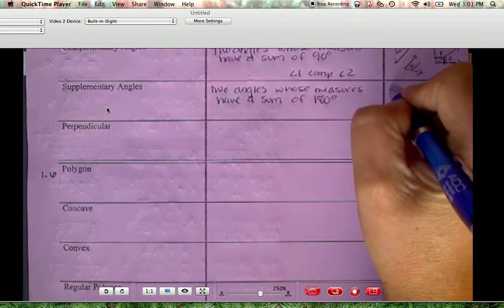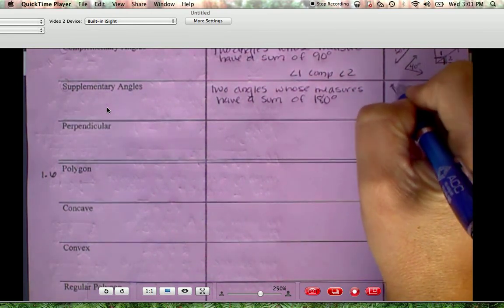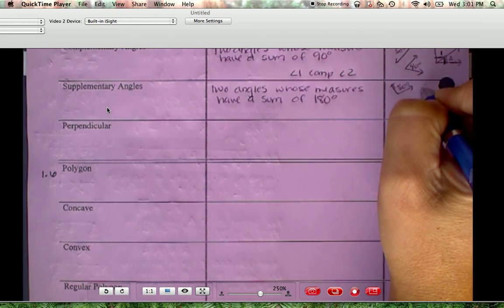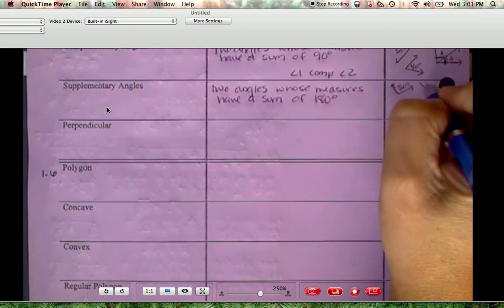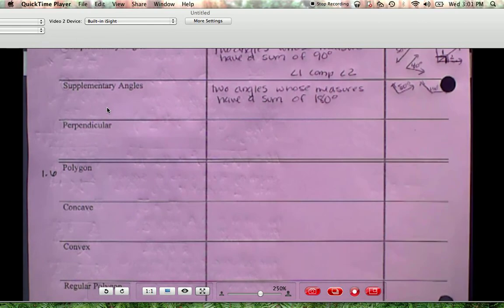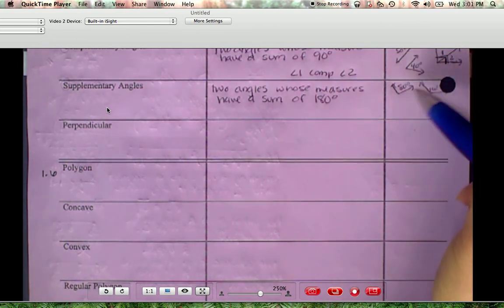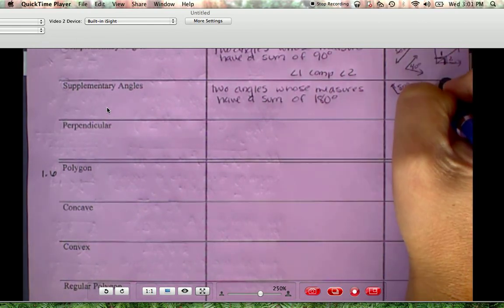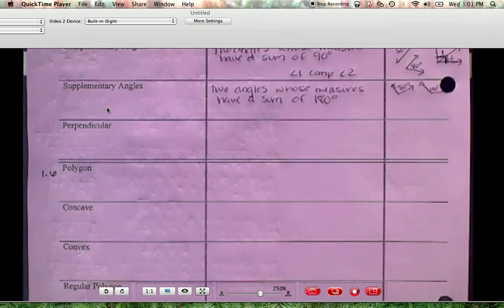The first way would be if we had an 80-degree angle and a 100-degree angle. We would know an 80-degree angle and a 100-degree angle add up to 180, so those are supplementary.